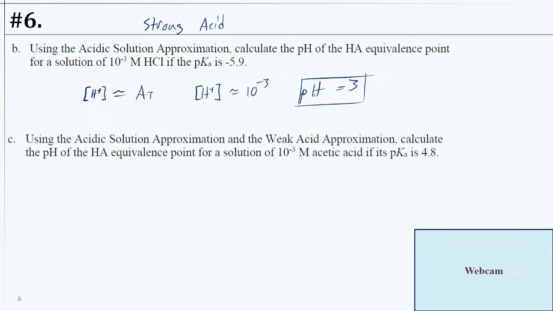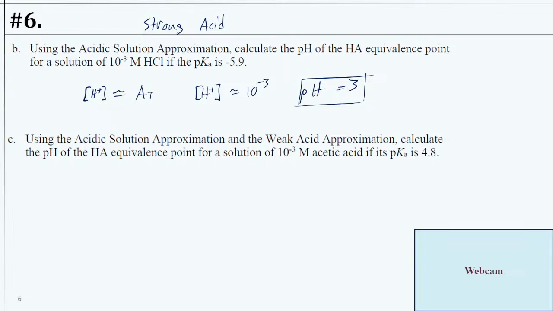Part C says use the acidic solution approximation and the weak acid approximation to calculate the pH of the HA equivalence point for a solution of 10 to the minus 3rd moles per liter of acetic acid if its pKa is 4.8.